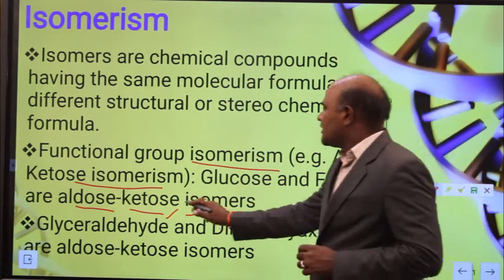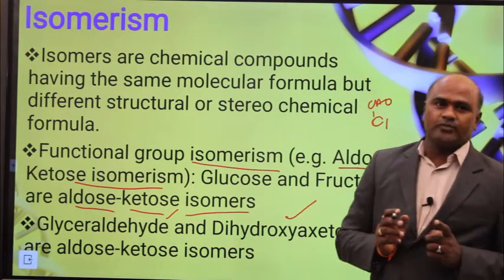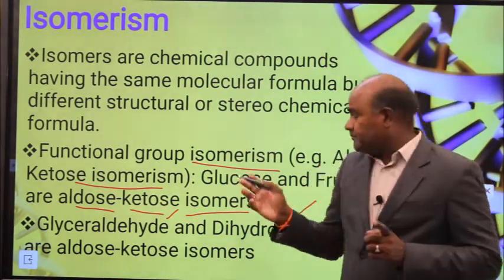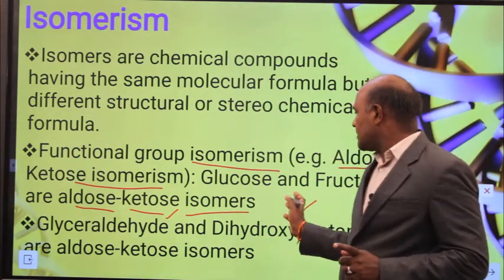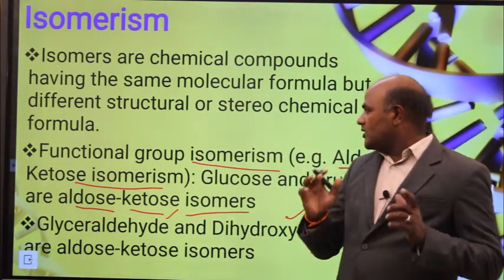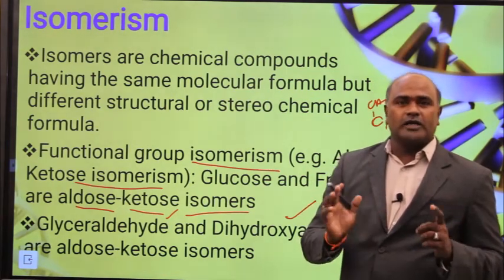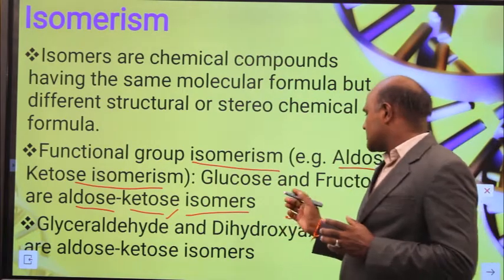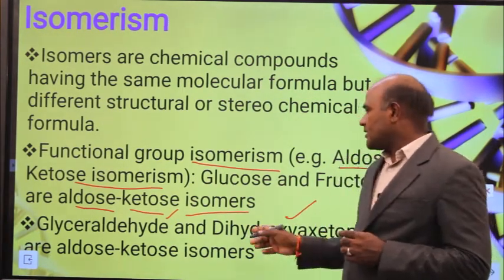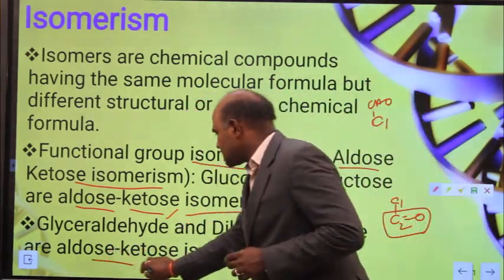So these are functional isomerism, meaning aldose and keto isomers. Examples are glucose and fructose, and glyceraldehyde and dihydroxyacetone.